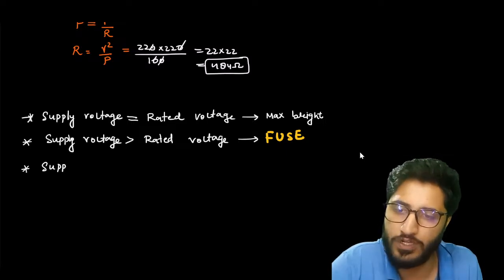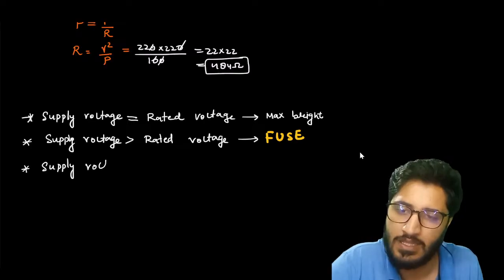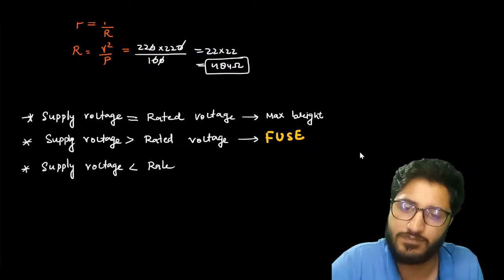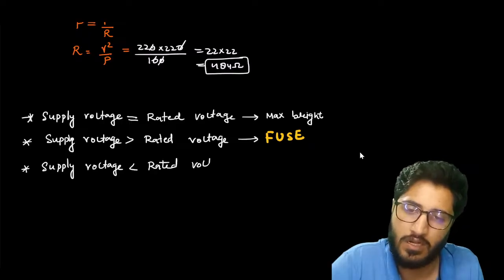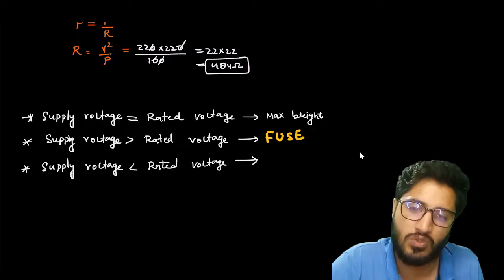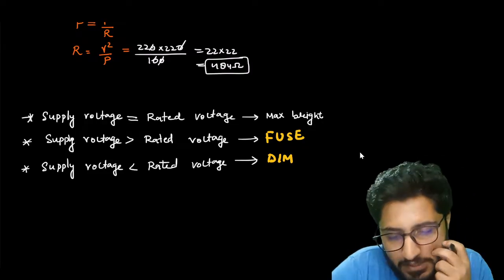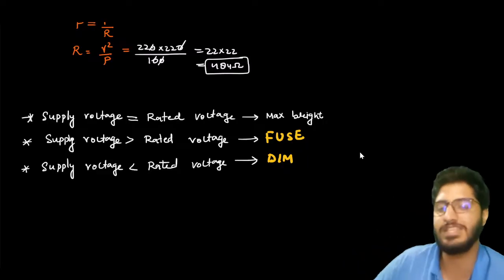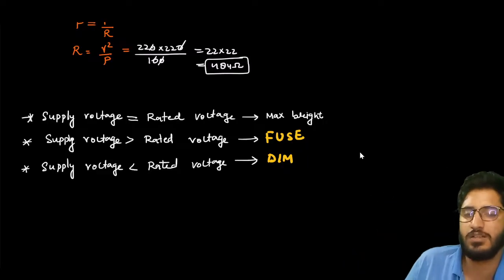Third point: if supply voltage is less than rated voltage, I will get a dim bulb. You have seen these things in your homes, right?